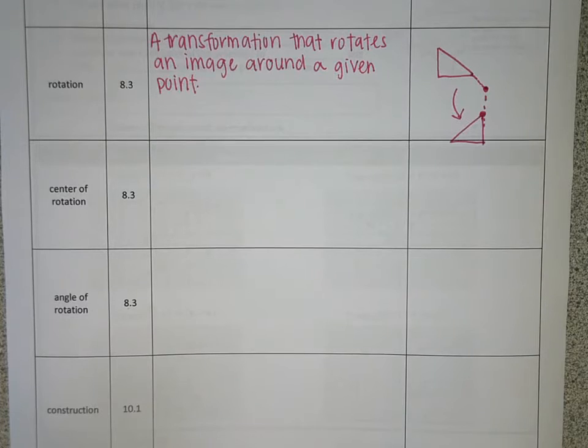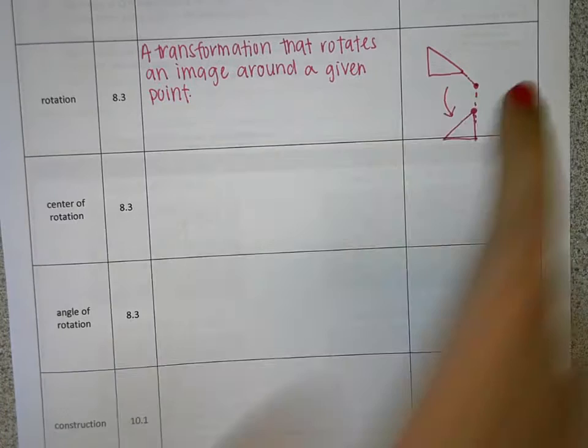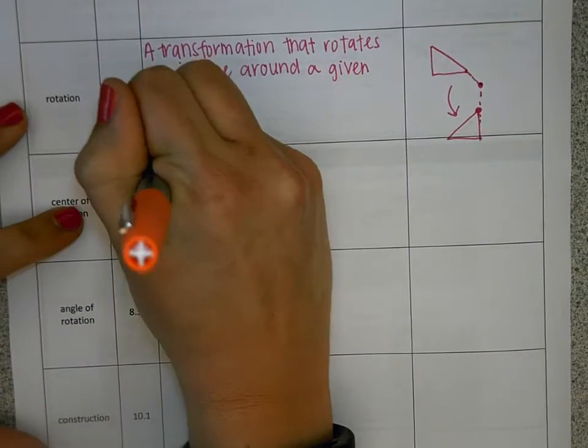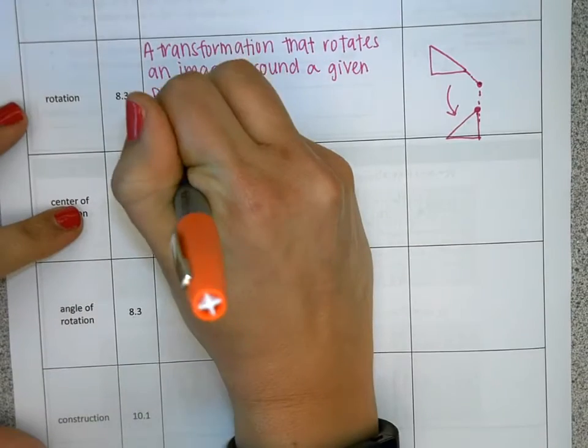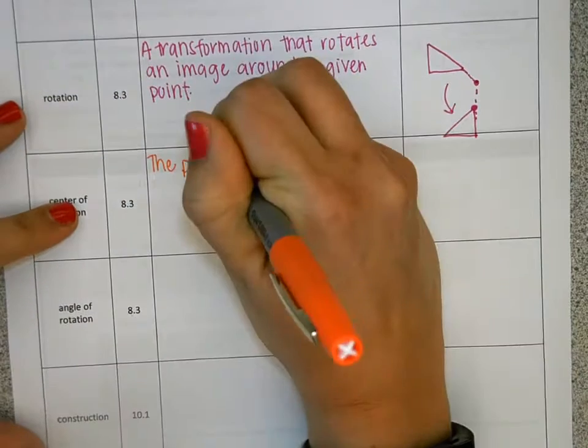Okay. The point that we rotate our image around is called the center of rotation. So the center of rotation is the given point which the figure rotates around.